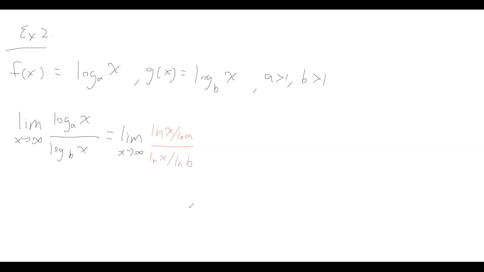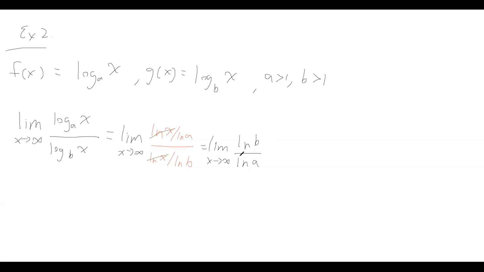Now, what we're going to have is very nice. We see that the ln of x terms cancel each other, leaving us just the limit of ln b over ln of a. Now, what is ln b and ln of a? Remember that a and b are just some constants that we assign as the base to f and g, and they are greater than 1.